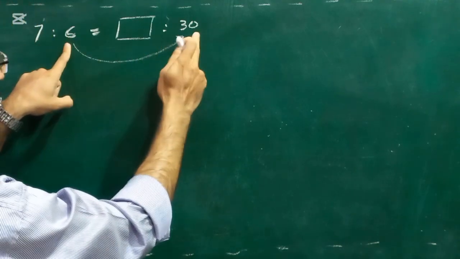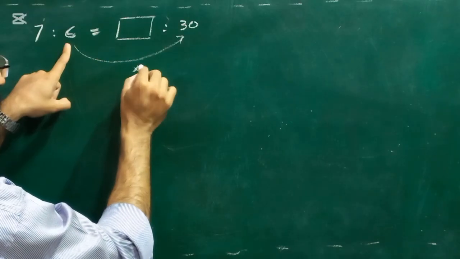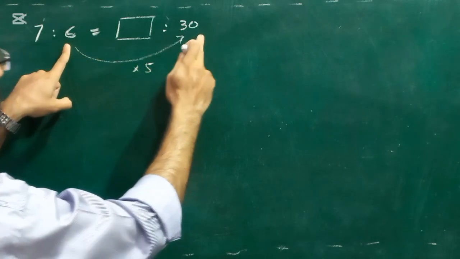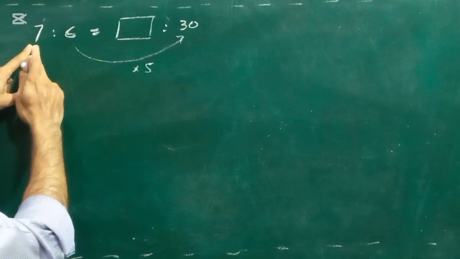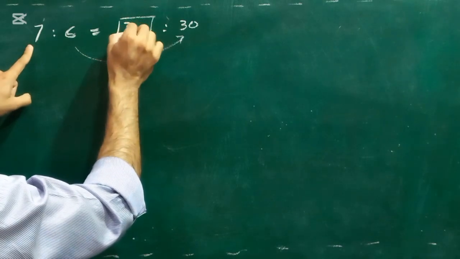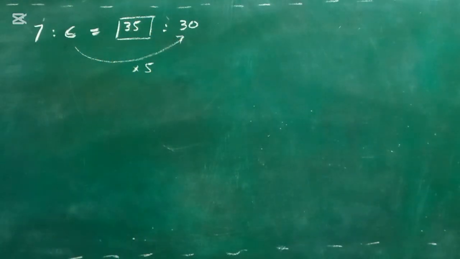So second to second. So 6 is going to 30 by multiplying with 5. So if 6 5s are 30, this will also be multiplied with 5. So 7 5s are 35. So 35 is the missing number.